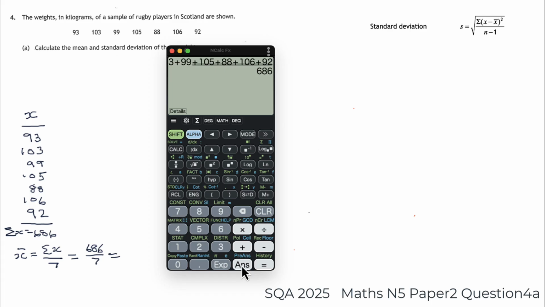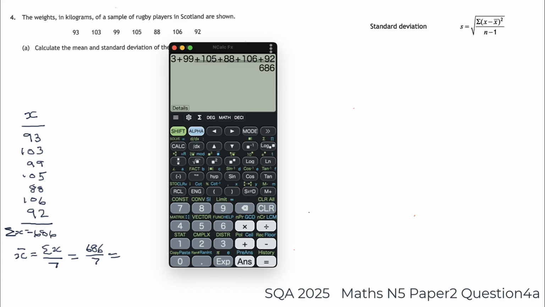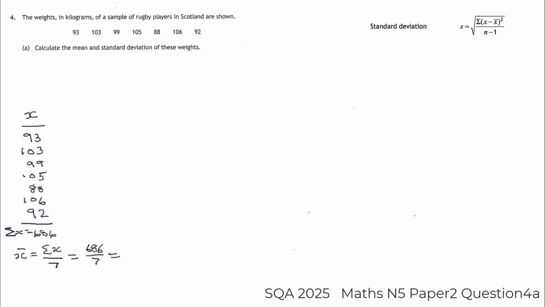So that's that answer, the 686, that answer divided by 7. And that equals 98. So that's our mean, 98. Now, let's go back to this formula.